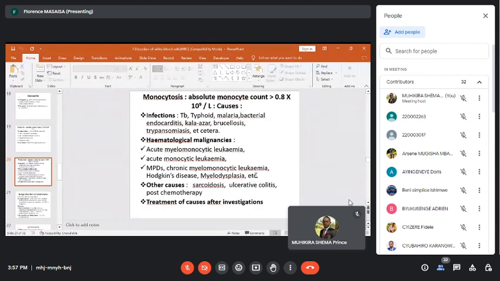Myeloproliferative disorders can also show it. Other conditions may be sarcoidosis, ulcerative colitis, or post-chemotherapy. Again, the treatment here should depend on the cause.